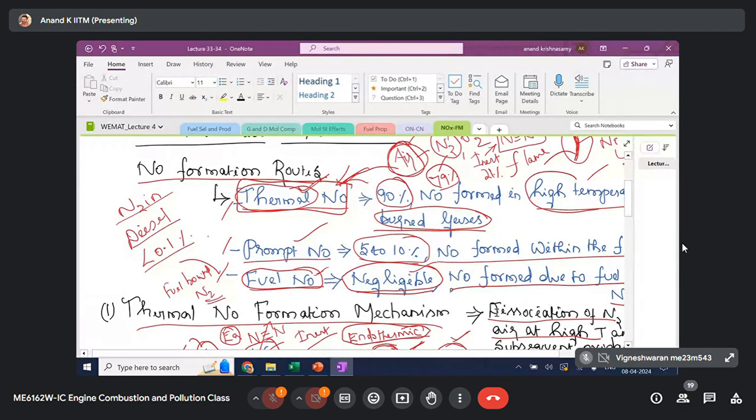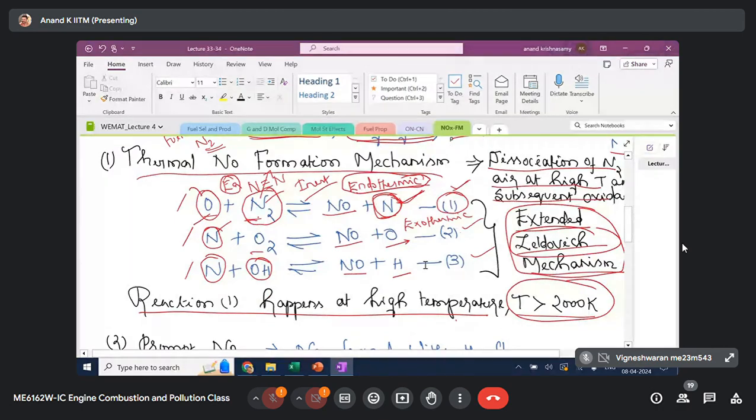At high temperature, typically around 2000 K or above, the stable nitrogen molecule will be broken down and a nitrogen radical will be formed. This formation is triggered by an O radical. The O radical triggers nitrogen radical formation from the nitrogen molecule. This is an endothermic reaction that happens at high temperature. Once the nitrogen radical is formed, and any radical is chemically active, reactions 2 and 3 take place with the nitrogen radical.